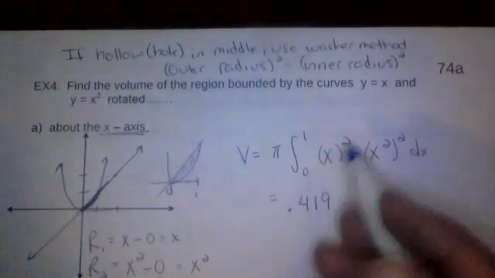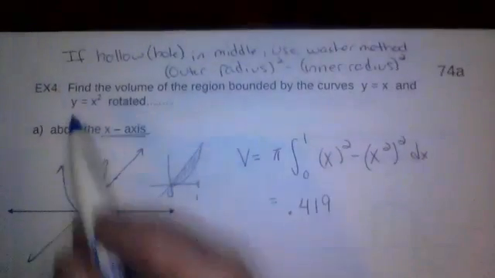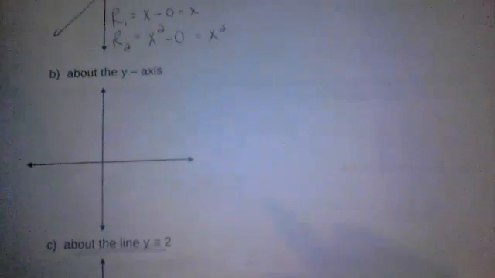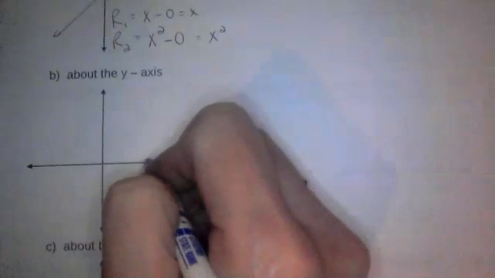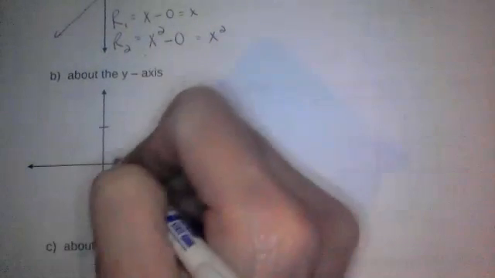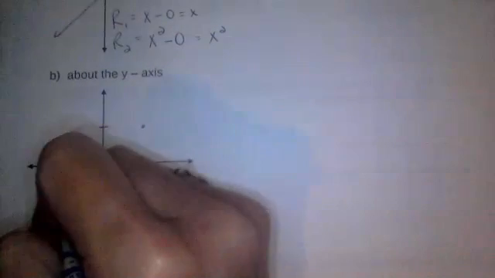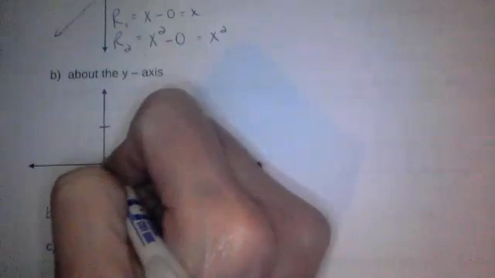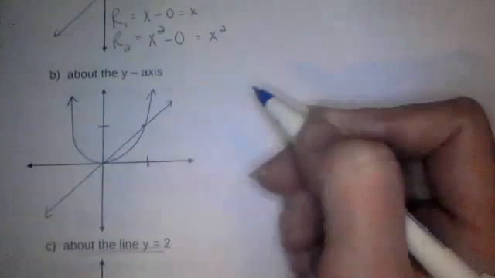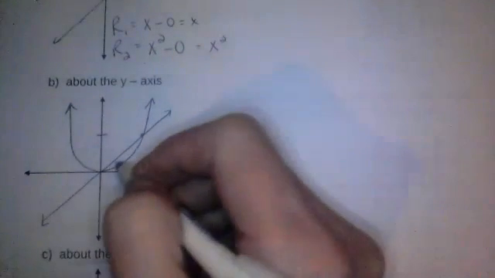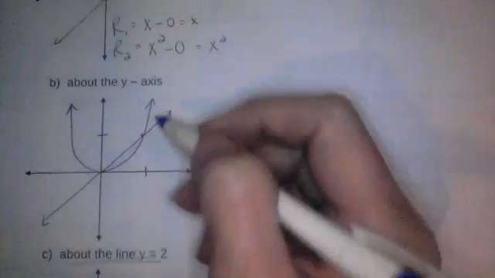So example 4, we had these two curves, y equals x and y equals x squared, so it was the same in all examples, but I'm going to go ahead and draw it one more time. All right, so we end up with this region right in here.